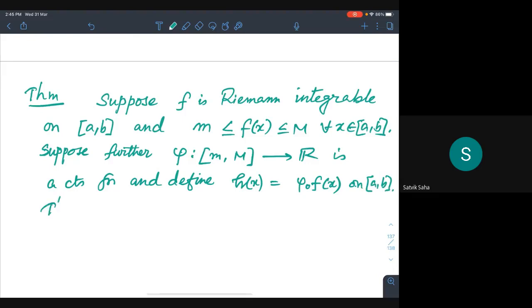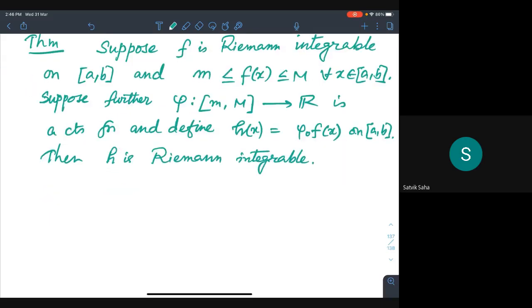Then h is Riemann integrable. So we'll prove this, but before that, let me give an interesting application.